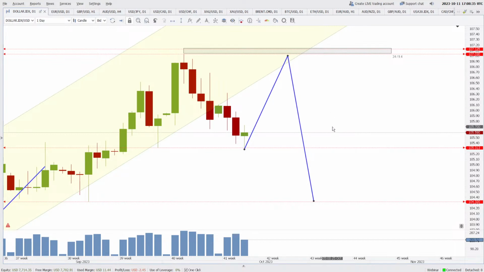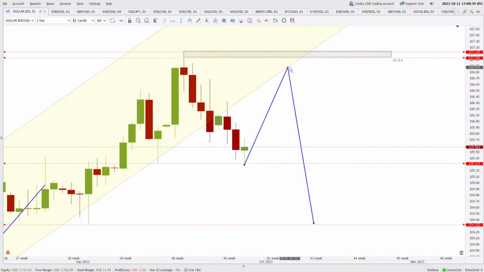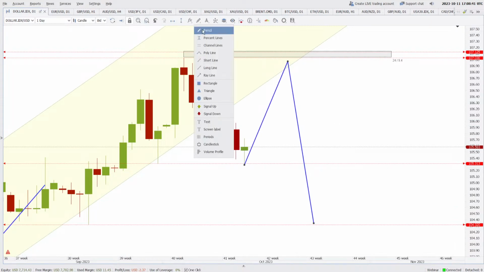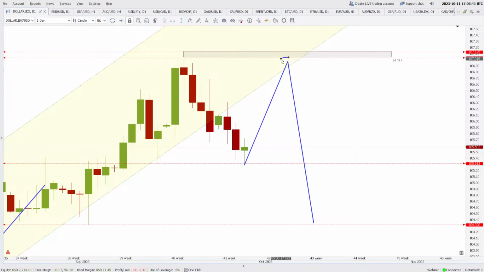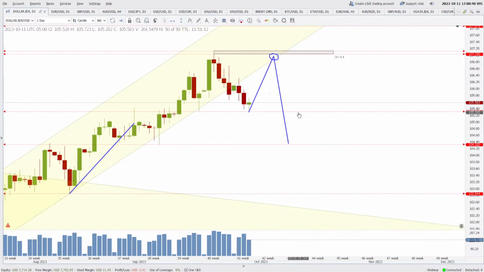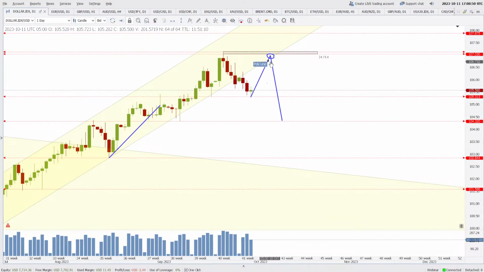So that's my concern. There is a possibility that you will get a double top here. So that's why I'm saying don't be very aggressive in selling right now. Okay, there is a high probability that the price will trace this level like this and then come back.